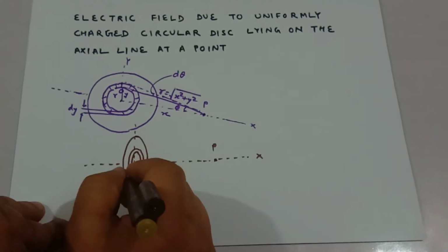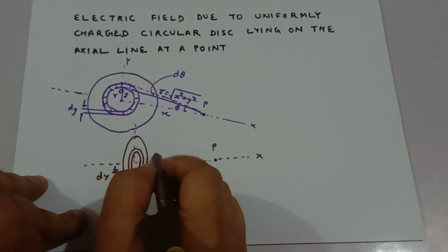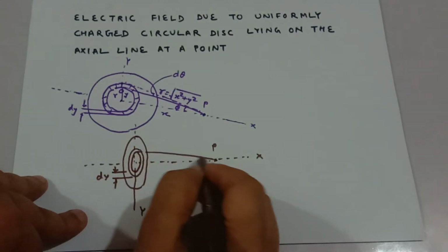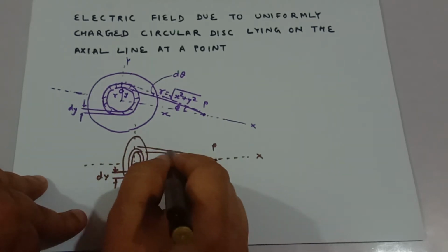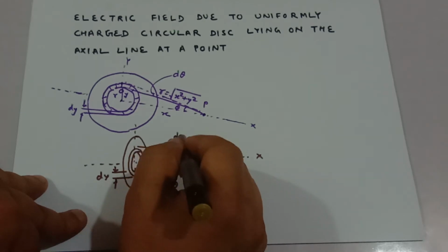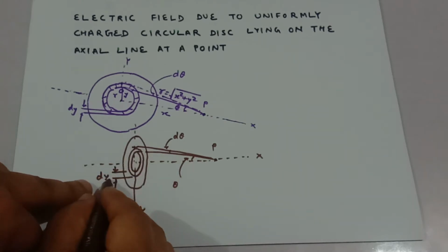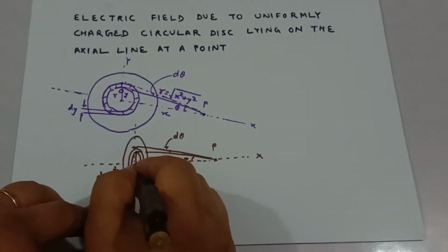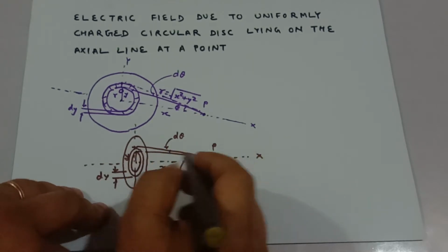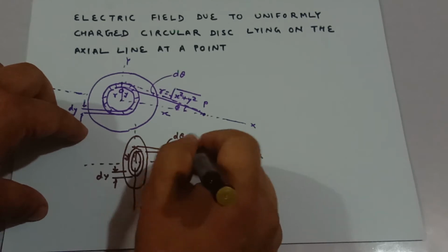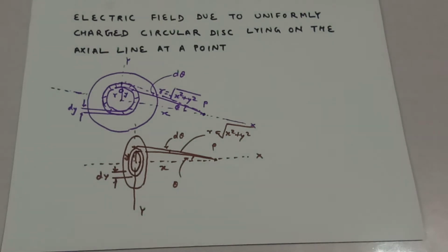I already said, suppose this thickness is dy. So this particular disk makes an angle here, that is theta, and this particular small angle would be d theta, right? And the thickness of this ring is already said to be dy. And if suppose this is y and this is your x, then r is the square root of x square plus y square.